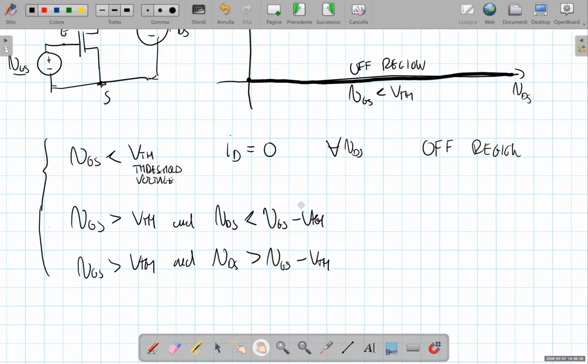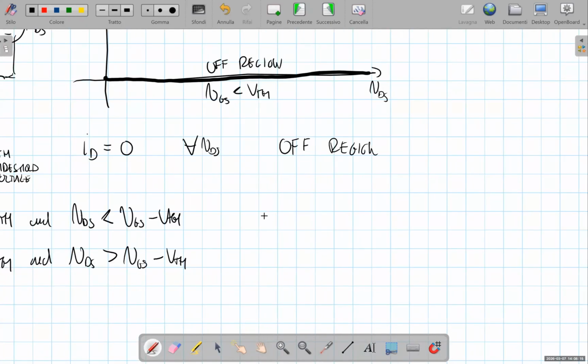Let's start discussing this case here with VDS smaller than VGS minus VTH. Here, the expression of the drain current is ID equal to a factor beta, which actually depends.